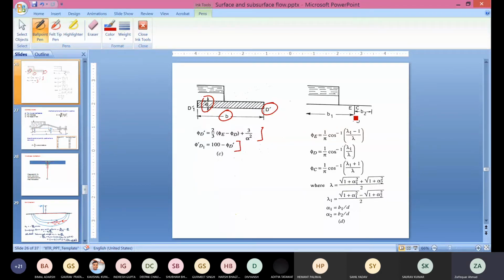And for the intermediate pile, where you have this horizontal floor, and this one is this, in between this upstream, downstream sheet pile, right? Okay, we have the points E, C, and D. For that, we have to compute alpha 1, that is B1 by D, and alpha 2, that is B2 by D. B2 is this, right?